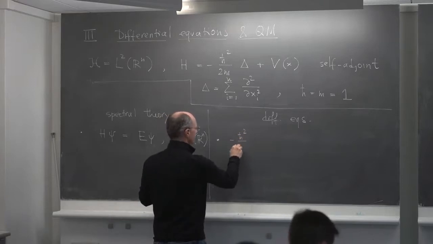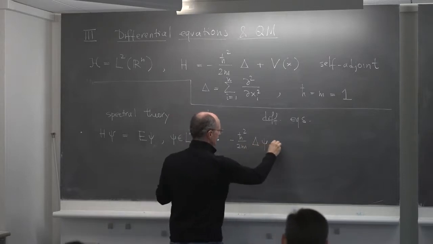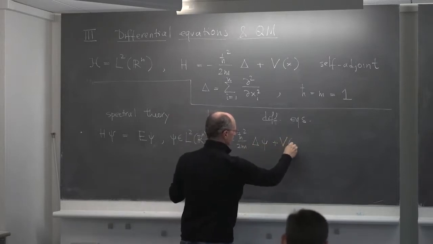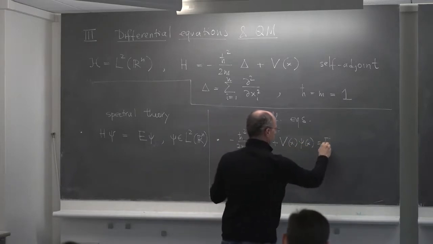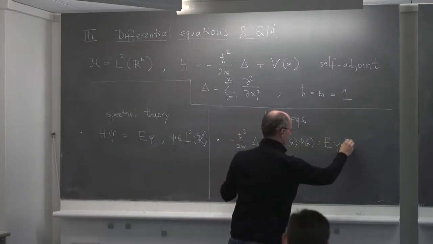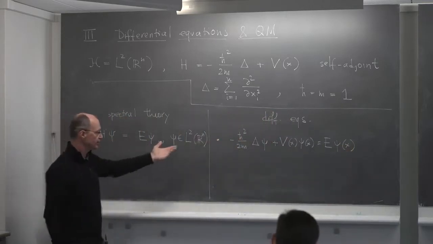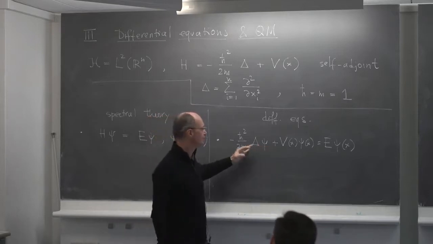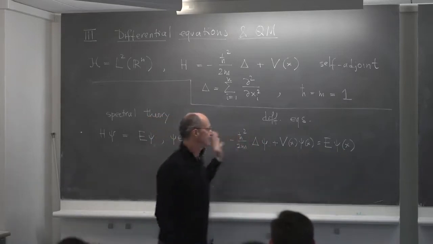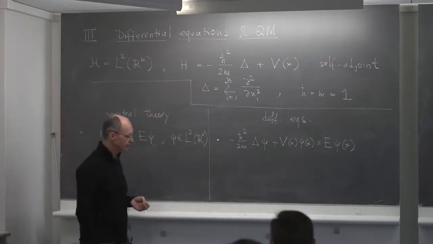So the corresponding problem here would look something like this. So let me still keep for a second the constants. So right, if I write it down, this turns out to be a differential equation, right? There is this Laplacian of psi, and there are other things. So this is a linear second order differential equation.